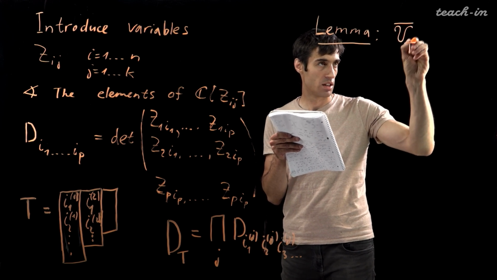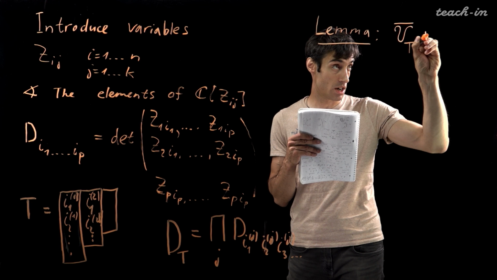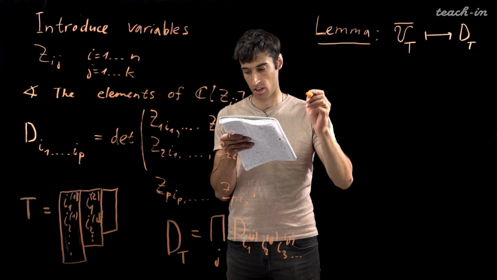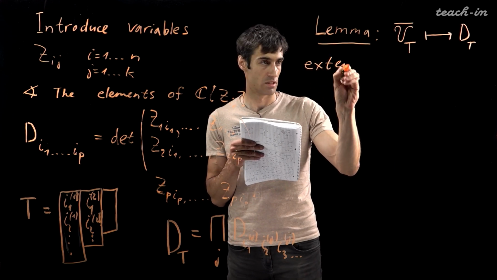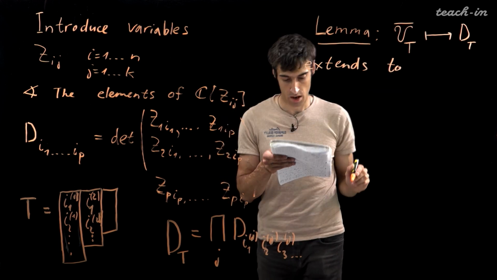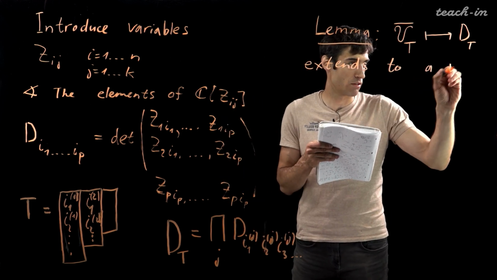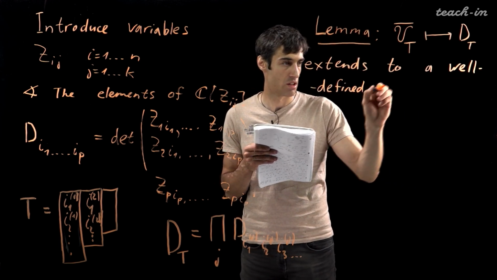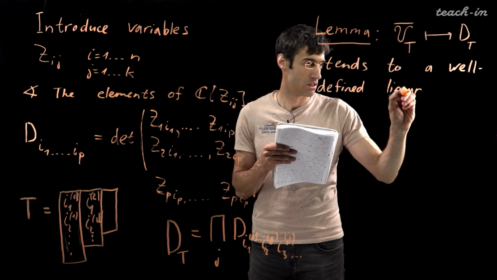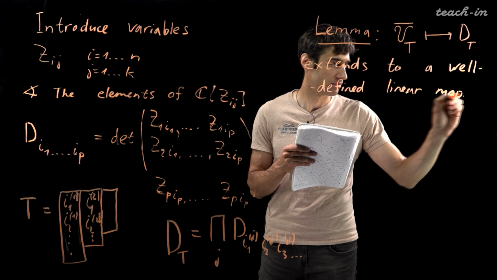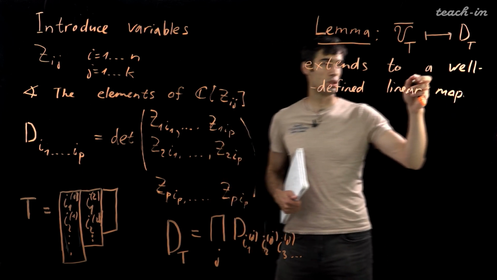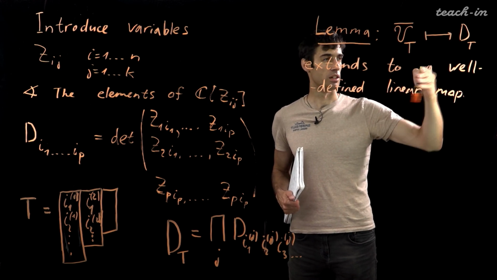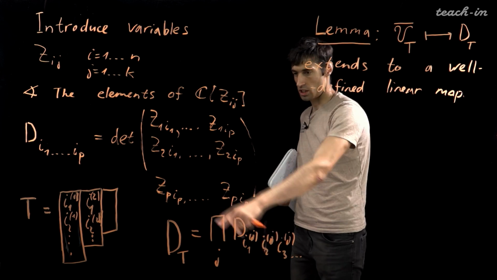If I put into correspondence v_T bar to d_T, it extends to a linear map, a well-defined linear map. What you have to do to check this is to check all relations that are going on in R lambda for these strange polynomials.